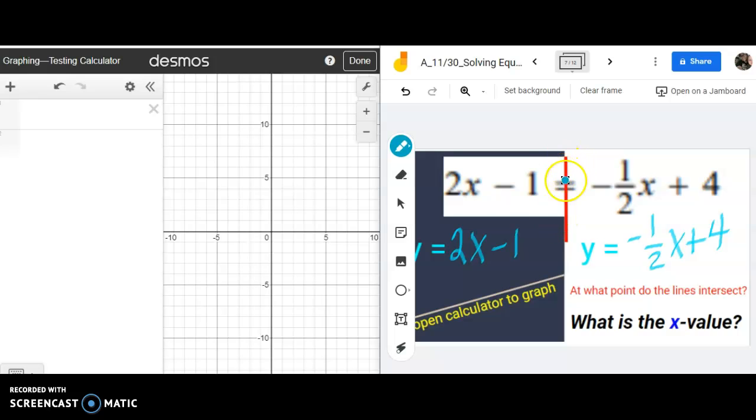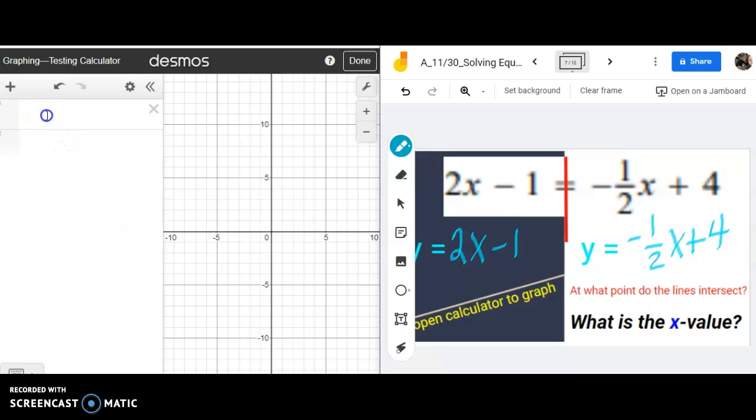So our problem was split up, left side and the right side. The y equals was already there for me. All I did was I took the left side and I said 2x minus 1. And then I took the right side, -1/2 x plus 4. And now I'm ready to go and graph.